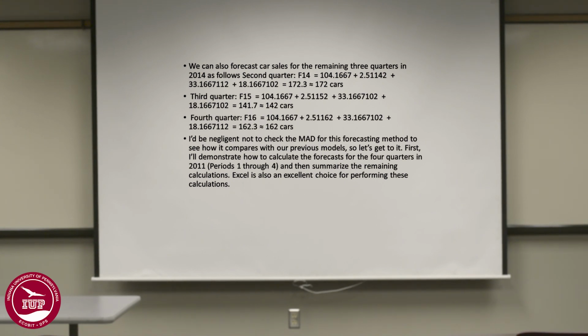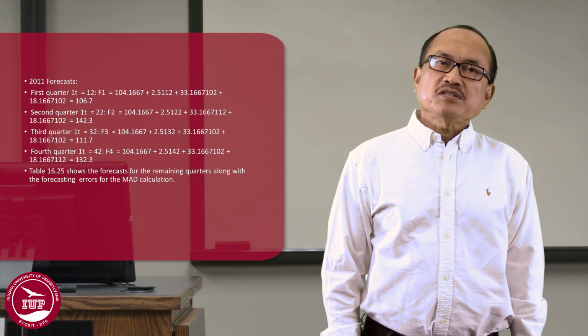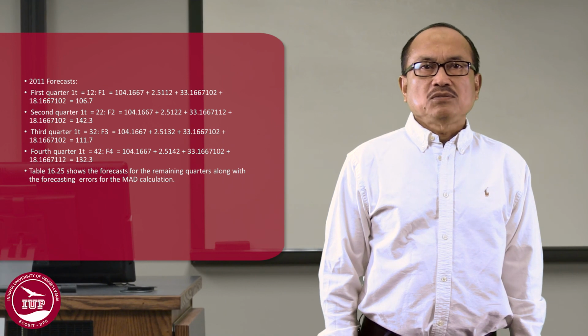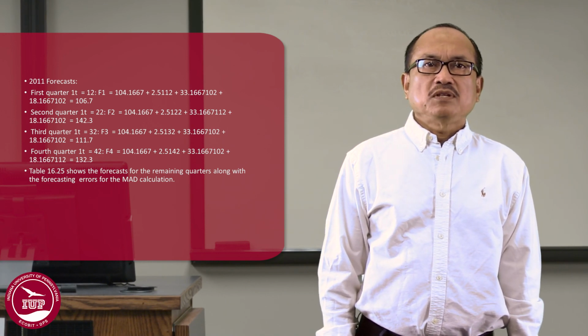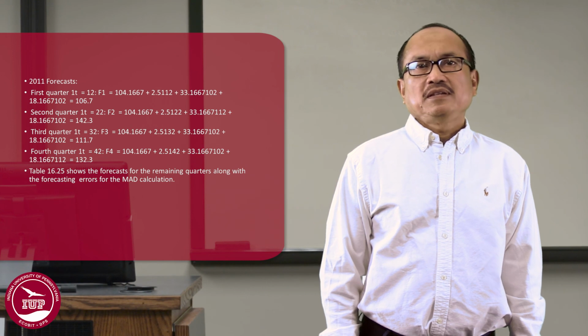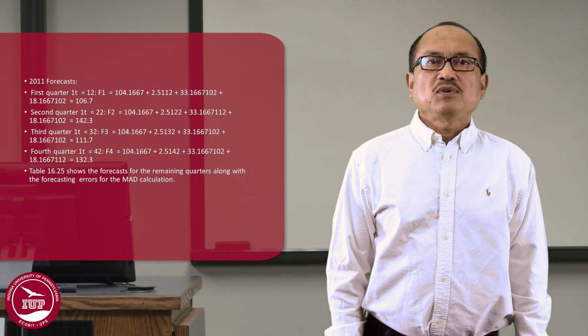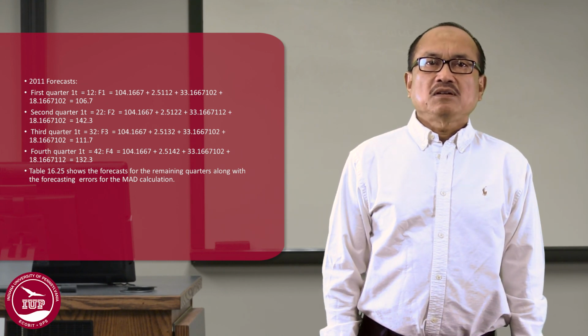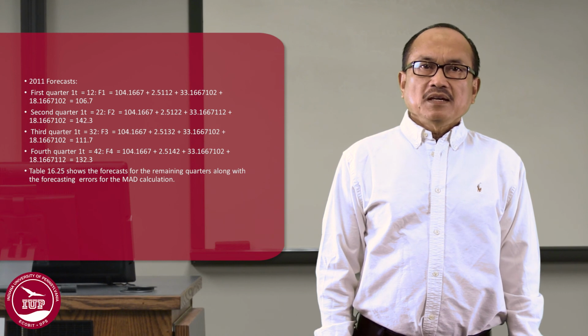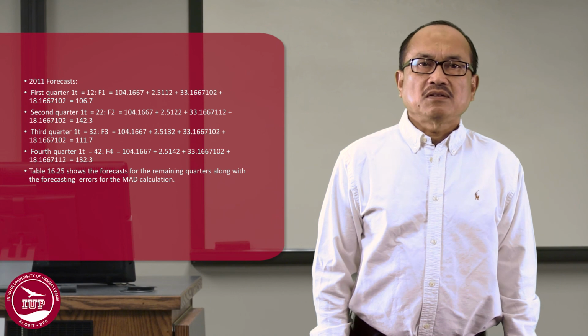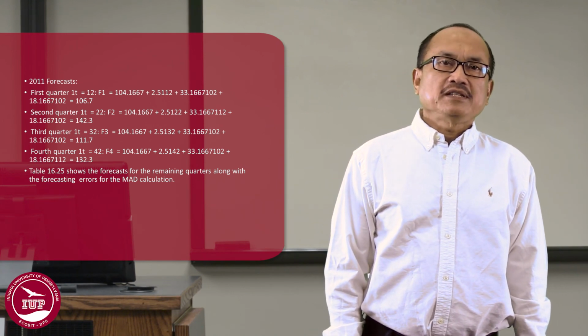Excel is also an excellent choice for performing these calculations. 2011 forecast, first quarter, or t equals 1, F1 is equal to 106.7, second quarter, or F2, equal to 142.3, third quarter, or F3, equal to 111.7, fourth quarter, or F4, equal to 132.3.